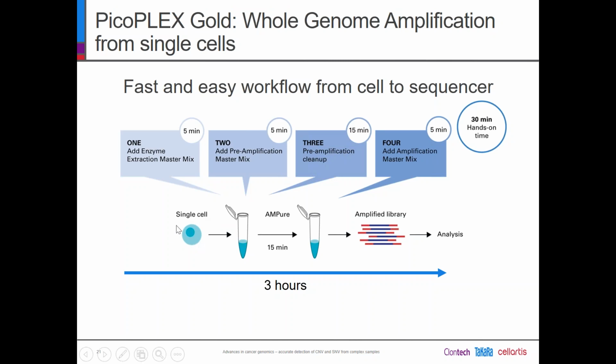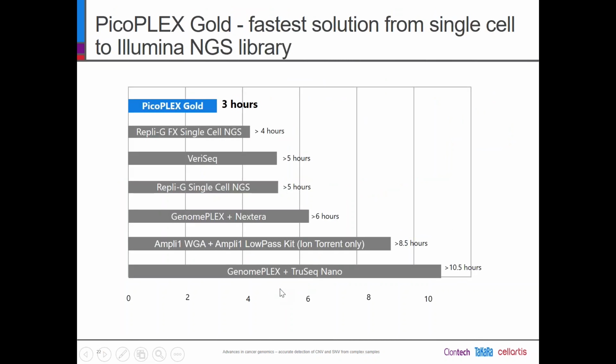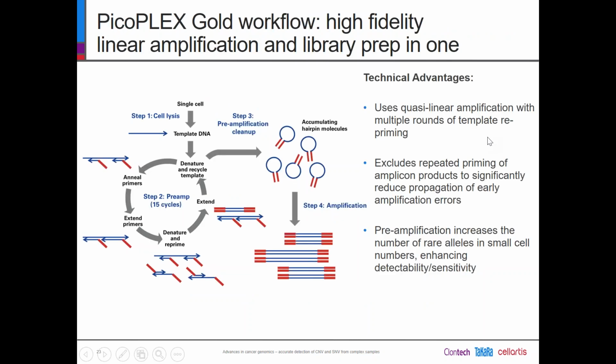From single cell to the sequencer, it only requires 3 hours. Currently on the market, this is the fastest single cell DNA-seq solution. As you can see here, I reported some other available solutions, and you can see how PicoPLEX Gold stands. It's very, very fast and convenient to use.